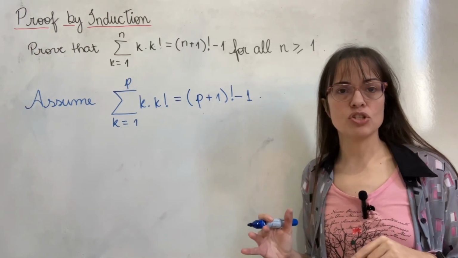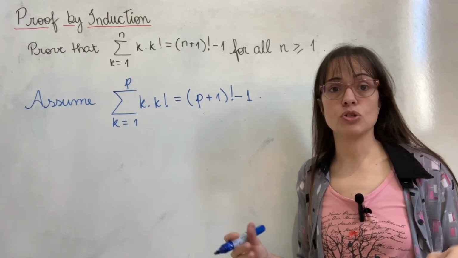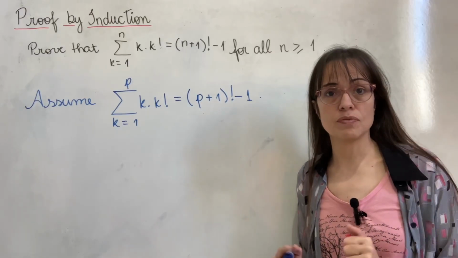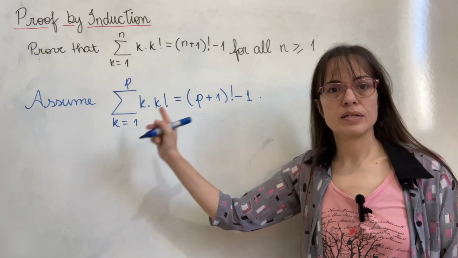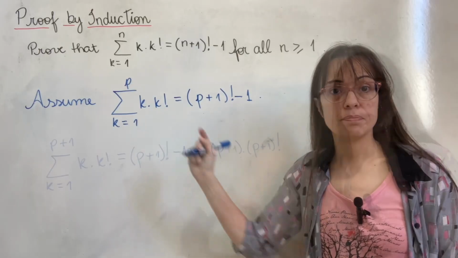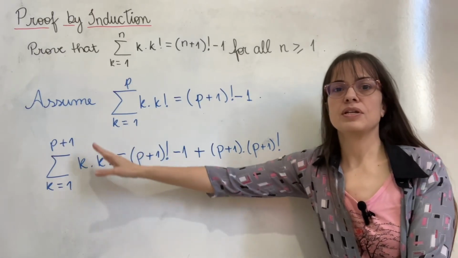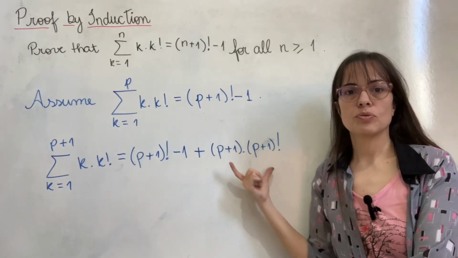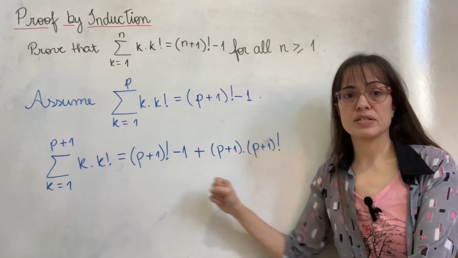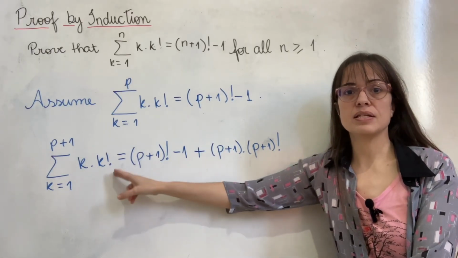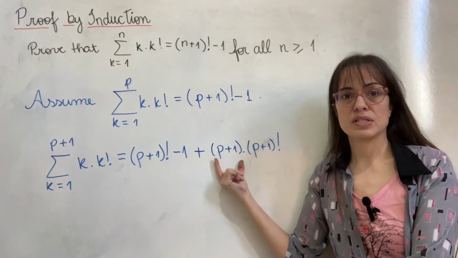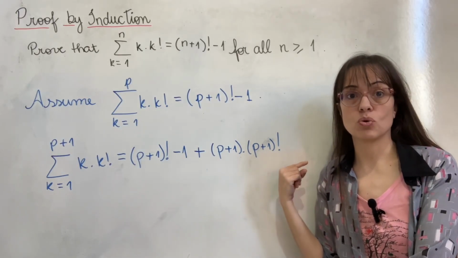But that doesn't change the fact that the next step I need to do is to add to both sides of the equation the next term of that sum. So again, on the left side, that new term is already added into the sum. On the right side, it's right here, because the last term of the sum is when k is p plus 1. So this is k times k factorial.